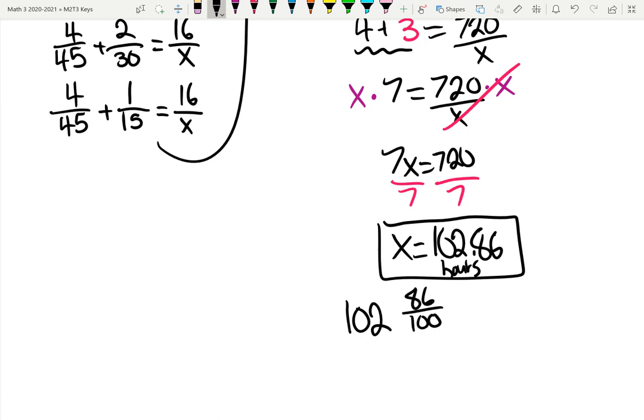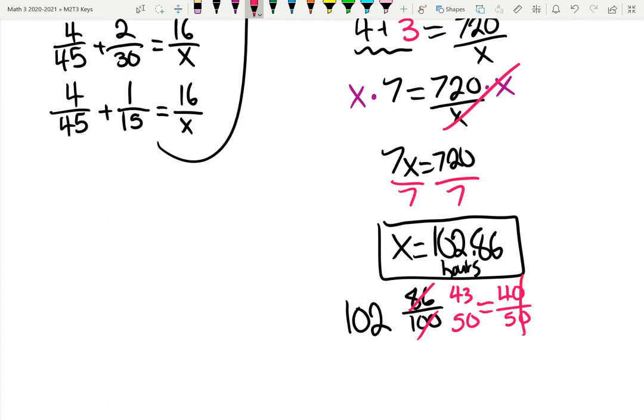Think about it like money. 86 cents out of a total of 100. And I'm going to go ahead and need to convert this denominator. I'm going to first reduce this as well as I can. I see half of 86 is going to be 43 over 50. Now I'm going to kind of estimate here. I'm going to see that 43 is pretty close to 40 over 50.